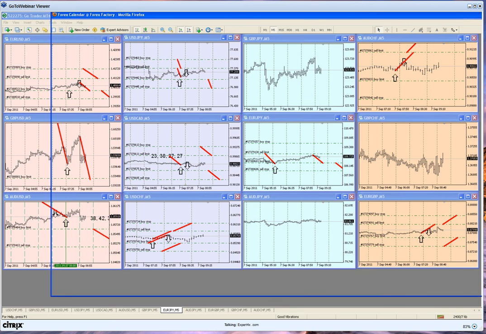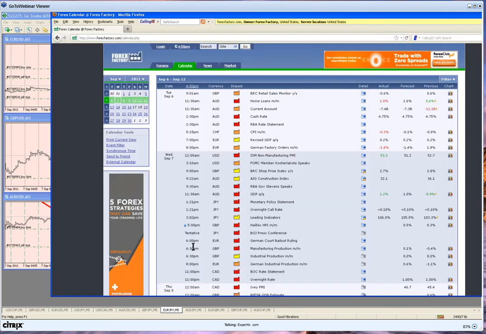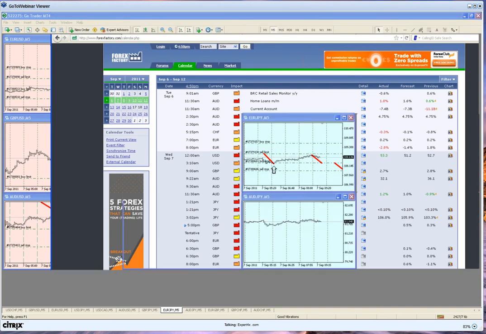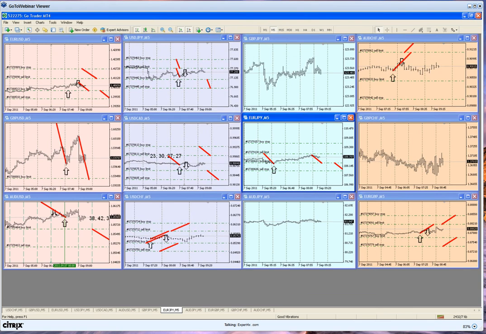There's nothing wrong with having a day of no trading. There's still quite a bit coming up: the euro in half an hour's time, a major announcement, then the pound half an hour later, and the pound again. That might be why the market's consolidating. They're waiting for that news to come out. That's also often the case.